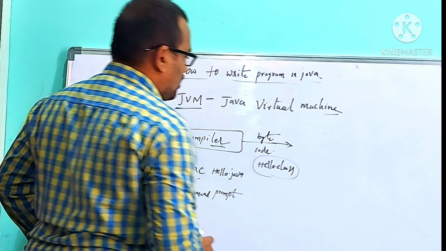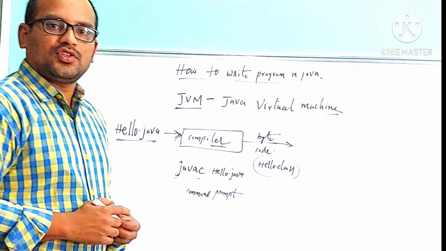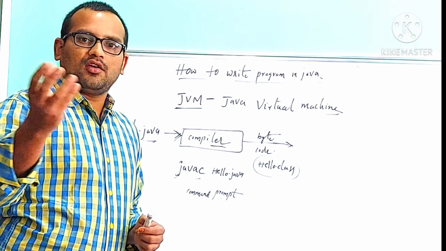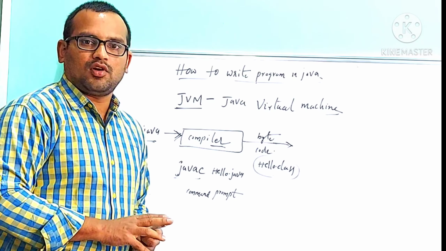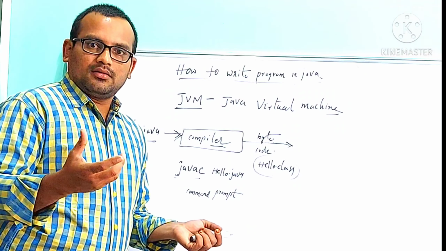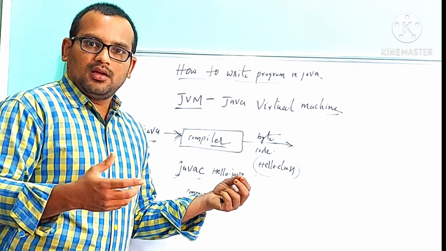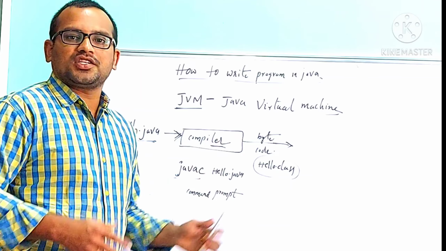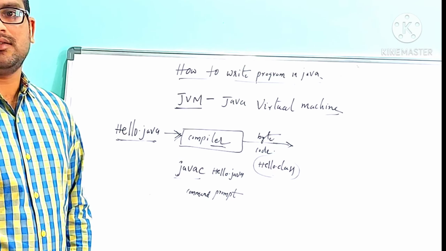Means it produces a .class file. The compiler produces a .class file. You can find it at the same location where you saved hello.java. After Java compilation, you can see one more file with the same name with the dot extension .class.